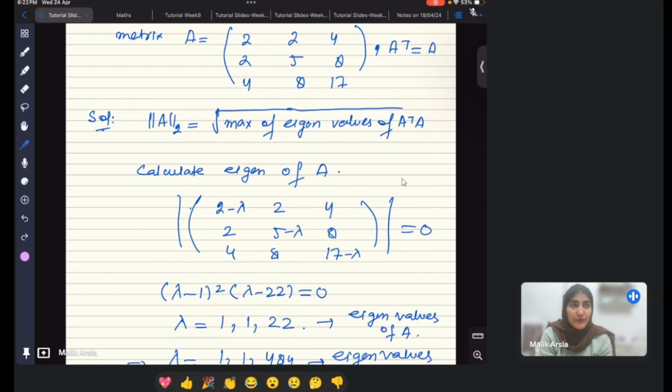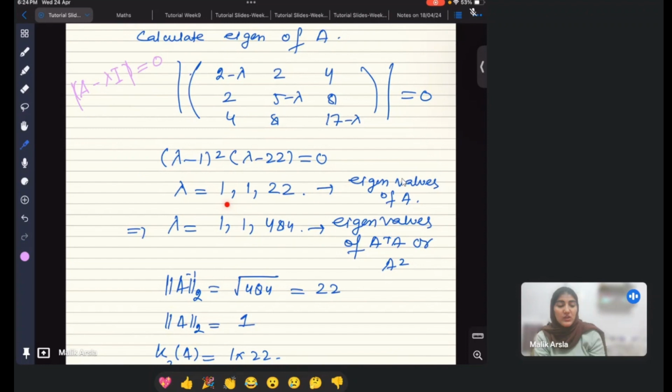When you solve this, it's very simple, you know how to do it, and I have just written the final characteristic equation after simplifying. The factors for that equation are lambda minus 1 squared into lambda minus 22 equal to 0, from which we get the three eigenvalues for this matrix: 1, 1 and 22. Okay.